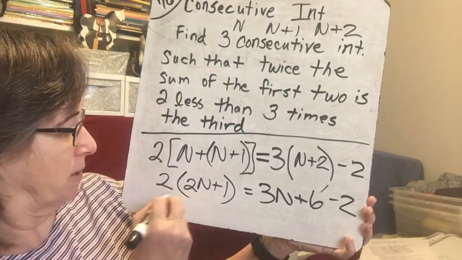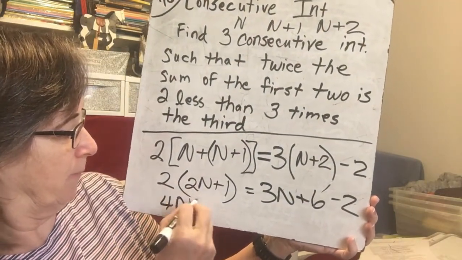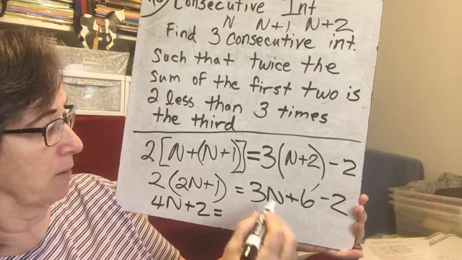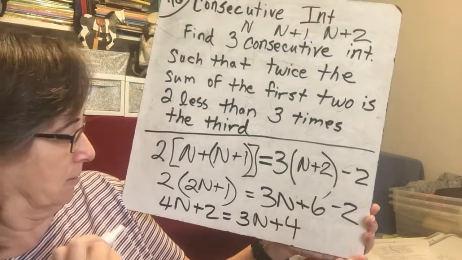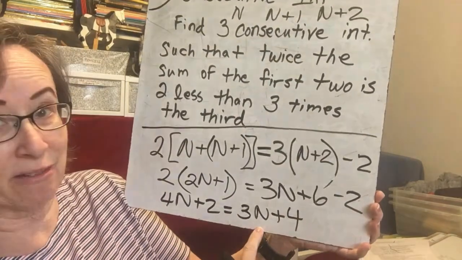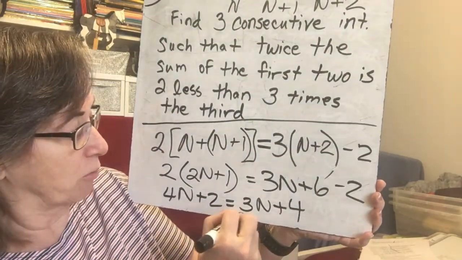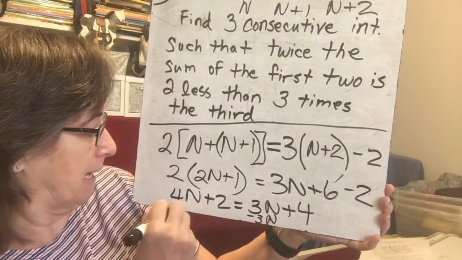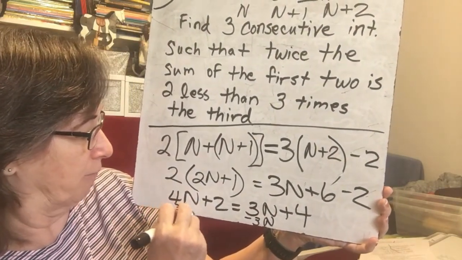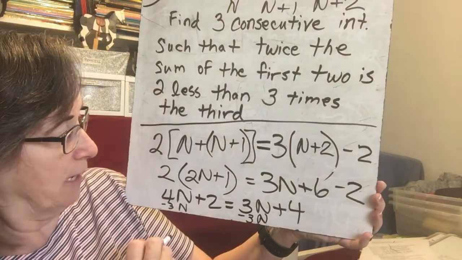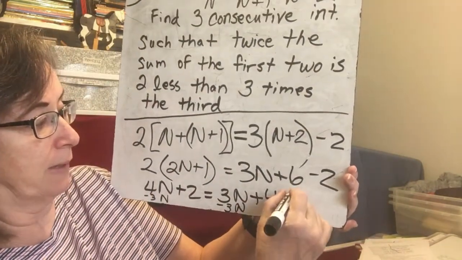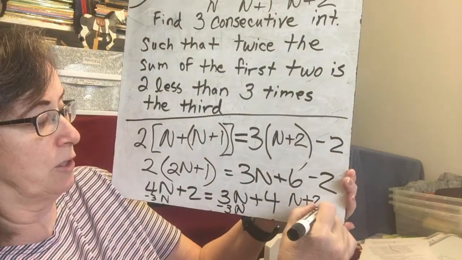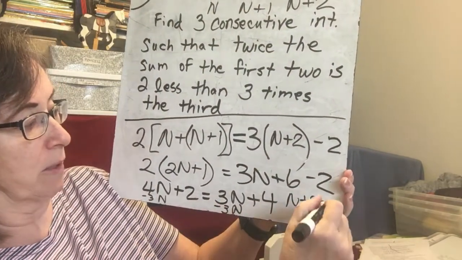So 2 times 2n is 4n plus 2 equals 3n plus 4. Okay, now I have a 4n and a 3n. So could I just subtract 3n from this side and subtract 3n from this side?